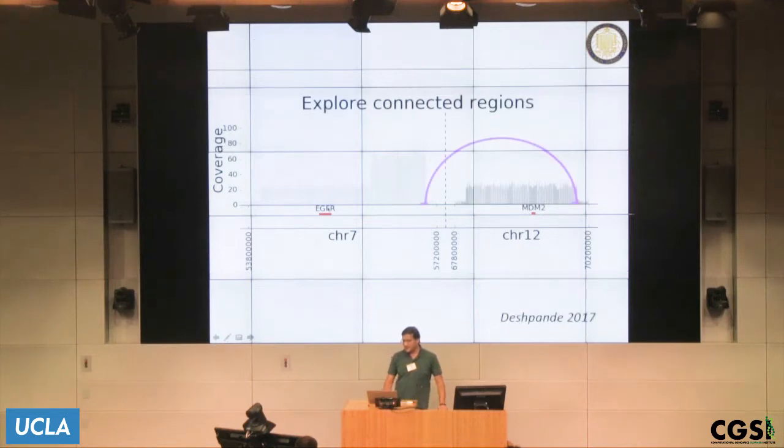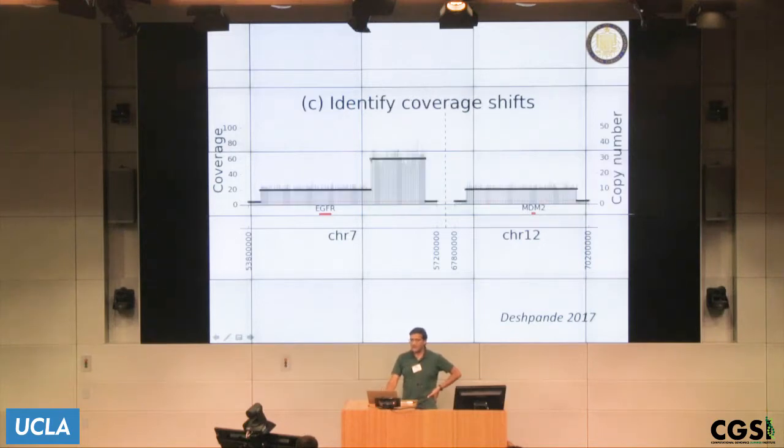And the way it works is it first takes this region and looks at where you have a lot of support for a discordant read, because there's a lot of noise in the data, but you only look at the discordant reads for which there's a lot of support, and that allows you to chain this region with another and sort of get a larger region. Once you have a larger region, you do some kind of smoothing to get curves.